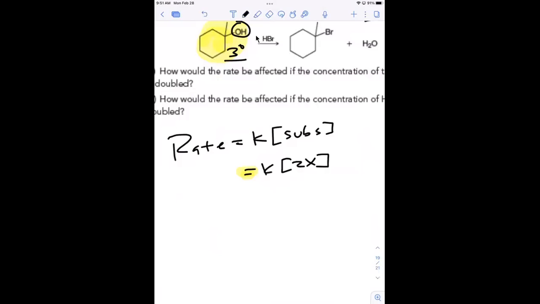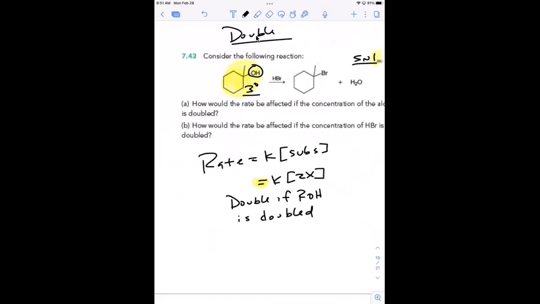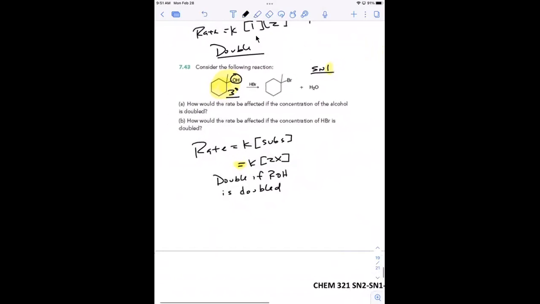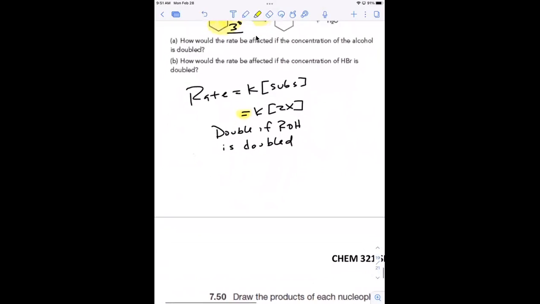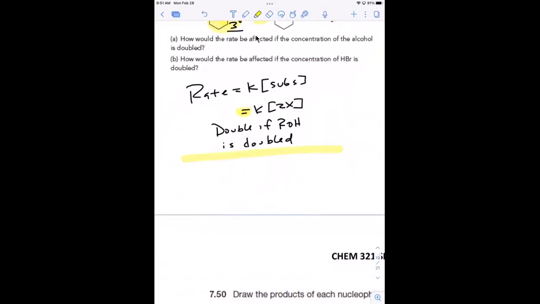The rate should double. And then the other part asks, what if the concentration of HBr, which is the source of your bromine nucleophile, is doubled? What happens to the rate? It doesn't change. No change. Good.